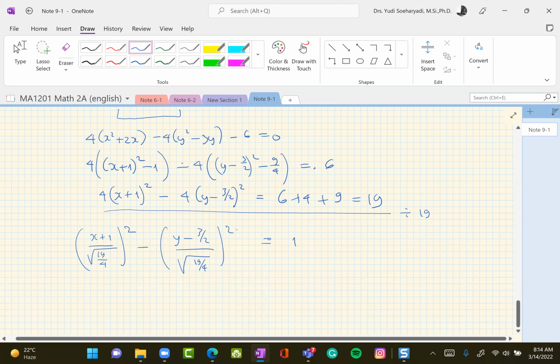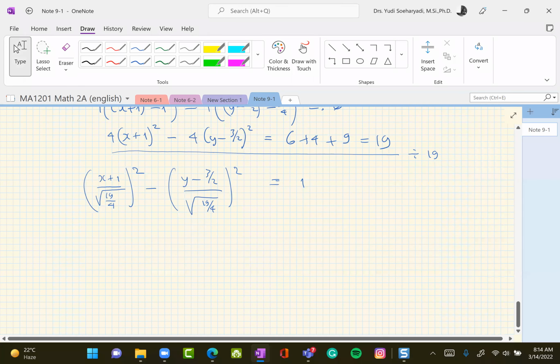Okay. So you can recognize this one. Square minus square. This is a hyperbola.